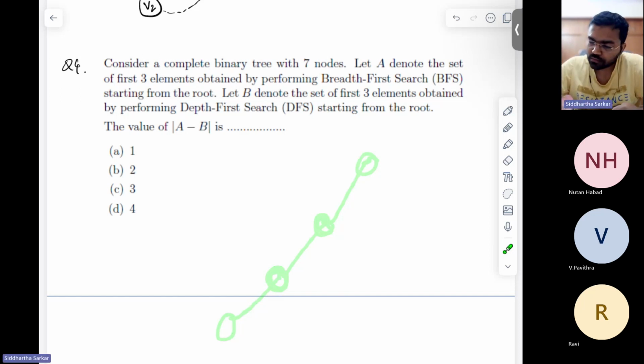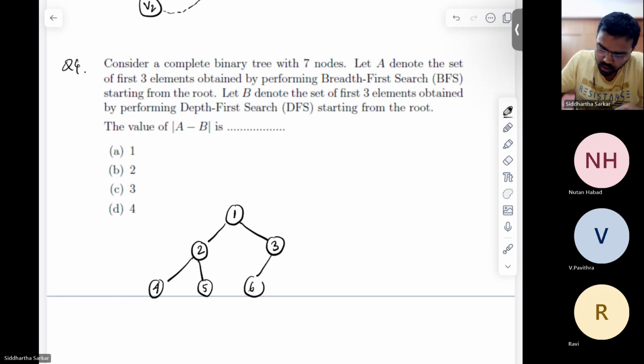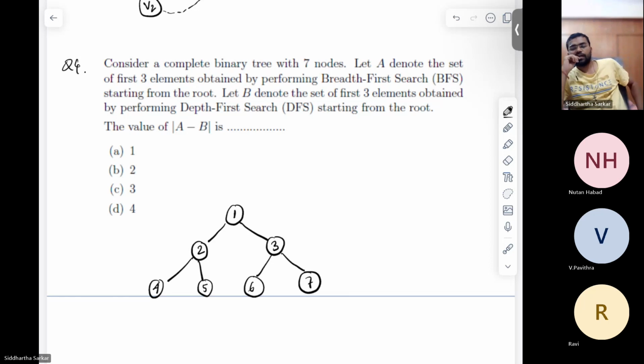So let me draw a complete binary tree for you. And now you can try to think. It has 7 nodes, and you are going to perform BFS and DFS on it.